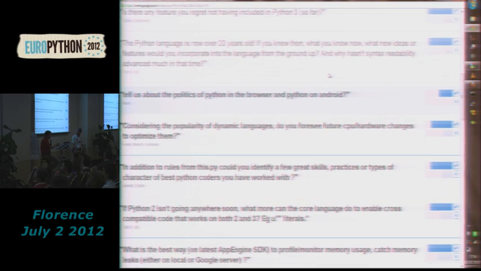Okay, tell us about the politics of Python in the browser and Python on Android. Oh, not on the record. Not for your life. Over beer tonight. Invite me to one of those mysterious cocktails for which I didn't see any invites in my ticket. Have you checked your badge? Yes.